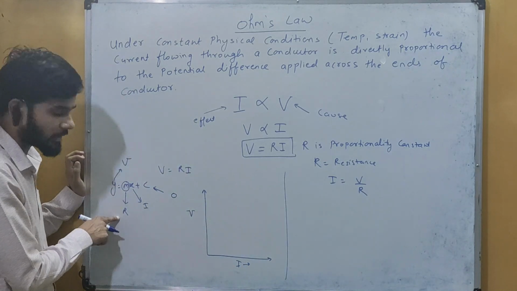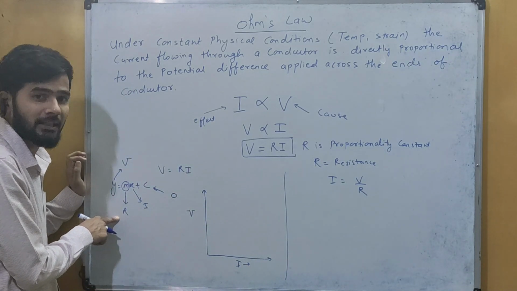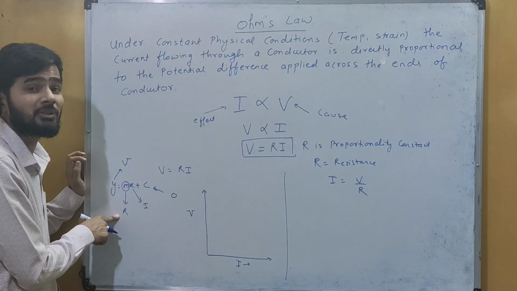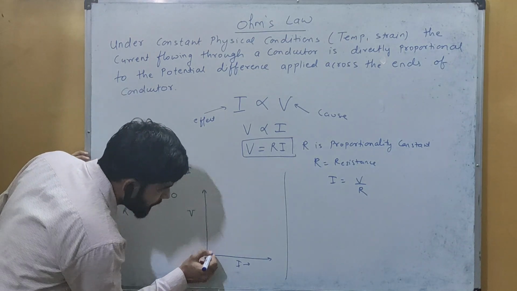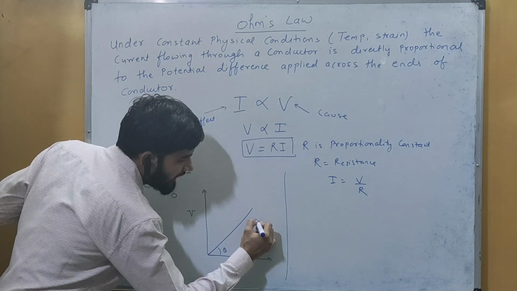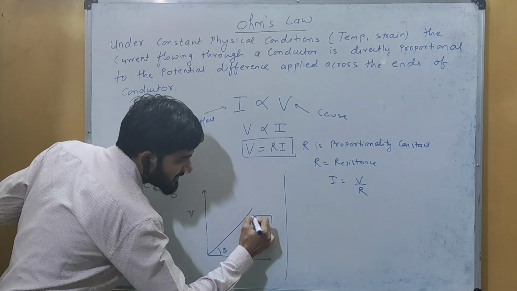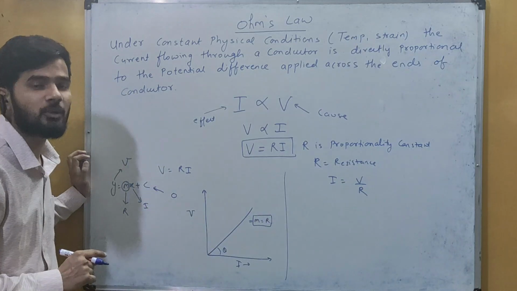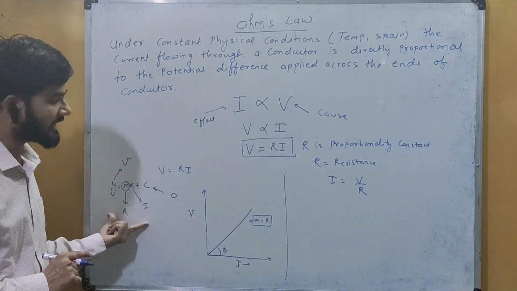And whatever the slope of this line will be, that slope will be equal to the resistance. तो यहाँ पर जो भी straight line का slope आएगा, that will give you directly the value of the resistance. Means here the slope is directly equal to the resistance from this equation.